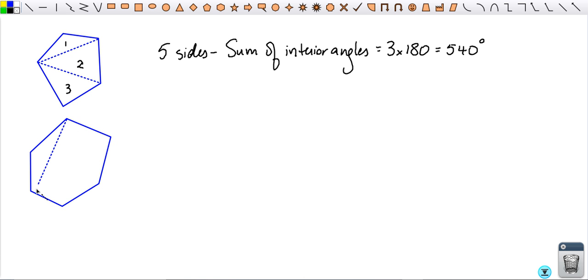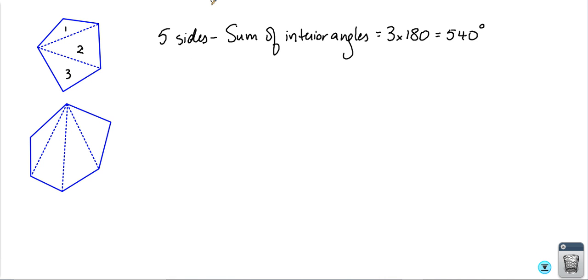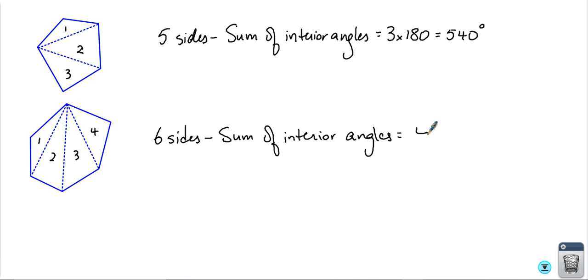For example, I'm going to take this vertex now. So I have, as you can see, divided the shape into 1, 2, 3, and 4 triangles. So this shape now has 6 sides, and the sum of interior angles is made up of 4 triangles, 4 times 180, which makes 720 degrees.